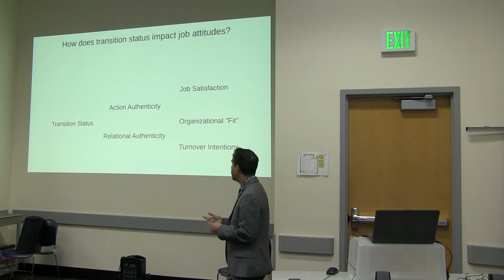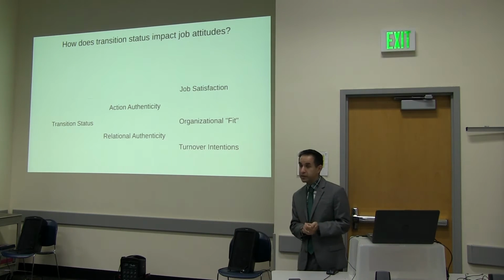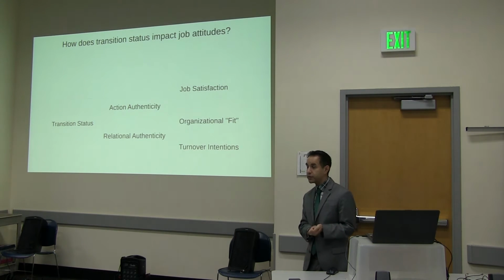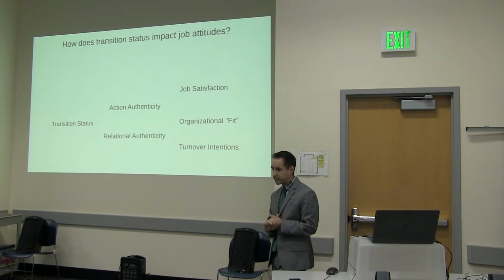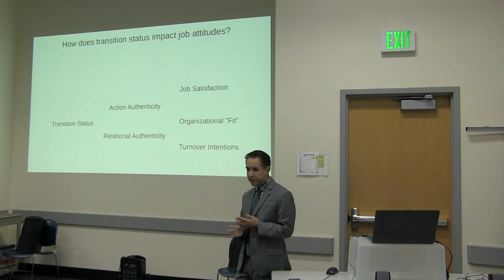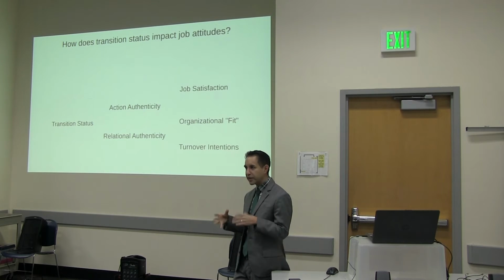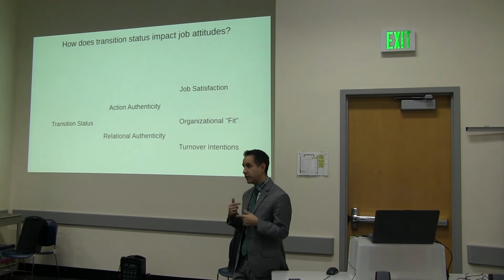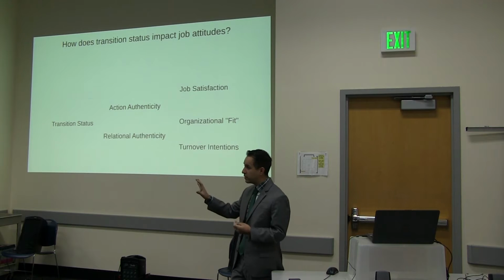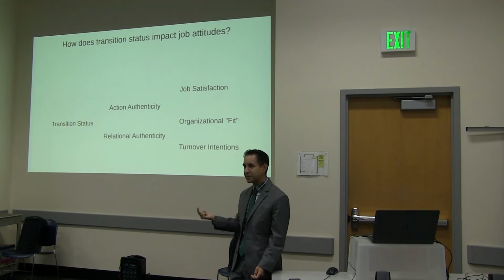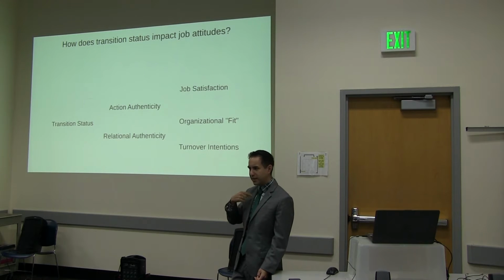That's one explanation. The other explanation that we wanted to test was maybe it's more about a process called self-verification. Self-verification is this notion that human beings generally have a need for other people to see us in the way that we see ourselves, that our self-concept needs to match what we think other people's concept of us is, right? So it's like, I think that you think about me the same way that I think about me.